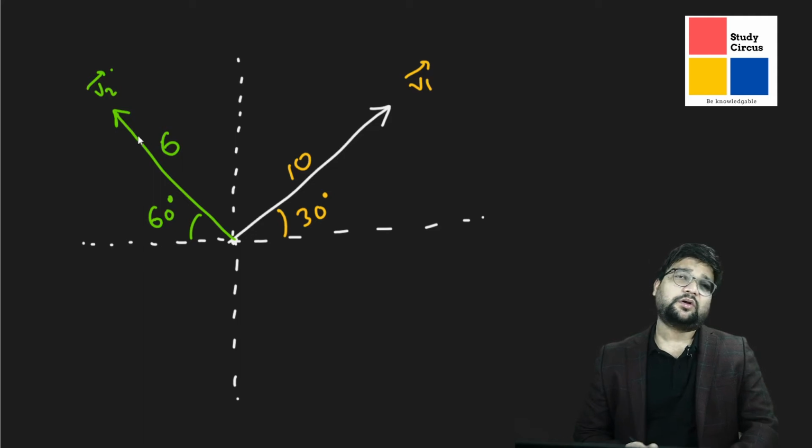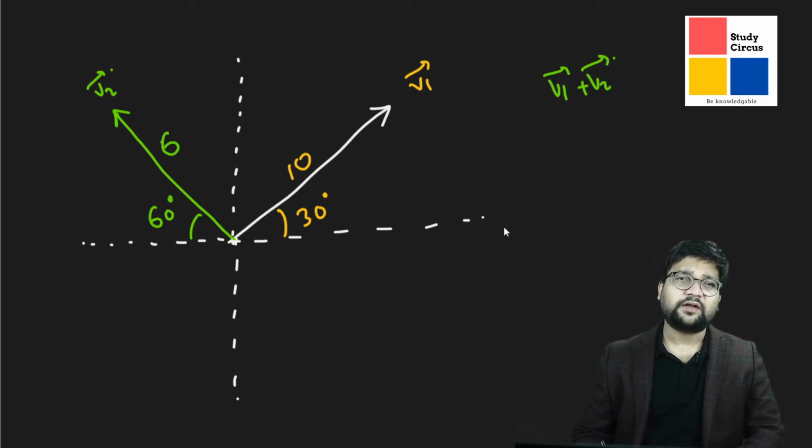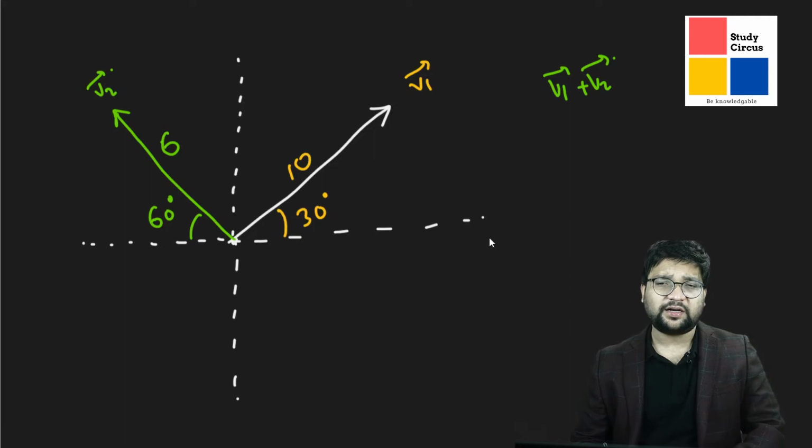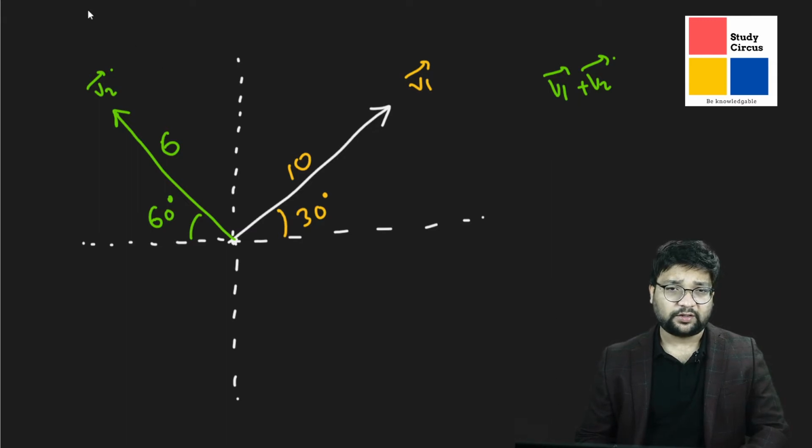Now if I have to find vector v1 plus vector v2, I have to find the sum of the two vectors, the resultant of the two vectors. What I'll do is first resolve the two vectors.